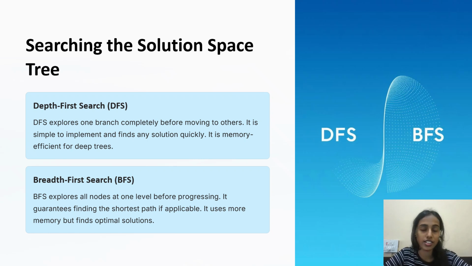DFS is implemented using a stack, and BFS is implemented using a queue. BFS is less memory efficient for deep trees, and the structure used is a queue. Memory usage is high for BFS, and it is suitable for finding the shortest path and level order solutions. It is very common in puzzle solving, such as the 8 puzzle, and also shortest path in a graph.